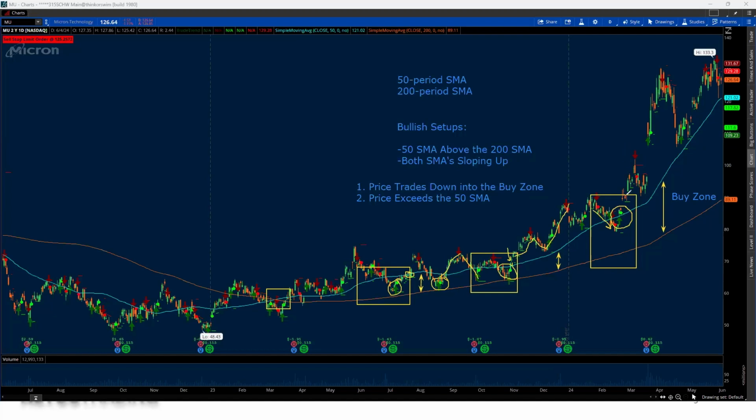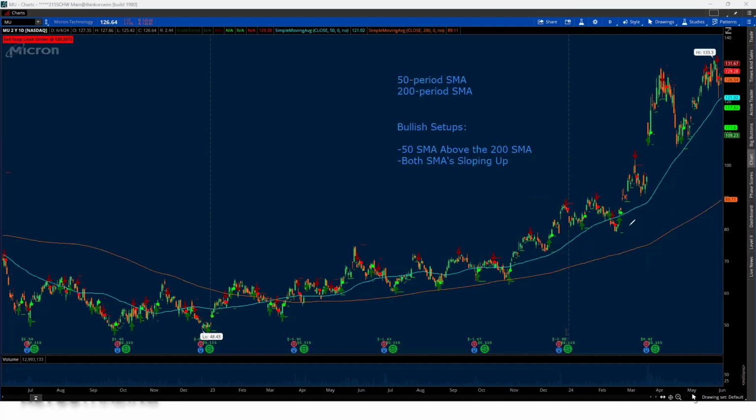Now, as far as risk management, I define my risk using the 200 period SMA or moving average. So, if we just use this example, and don't worry, I'm going to zoom in on these.